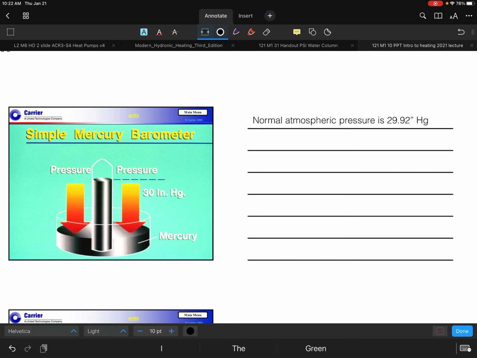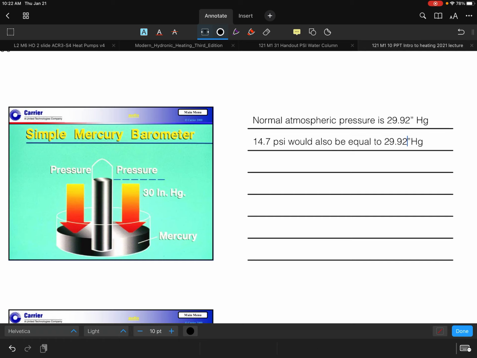You have to also understand, and you probably remember this, but it's a good review, that roughly 14.7 psi would also be equal to approximately 29.92 inches of mercury.